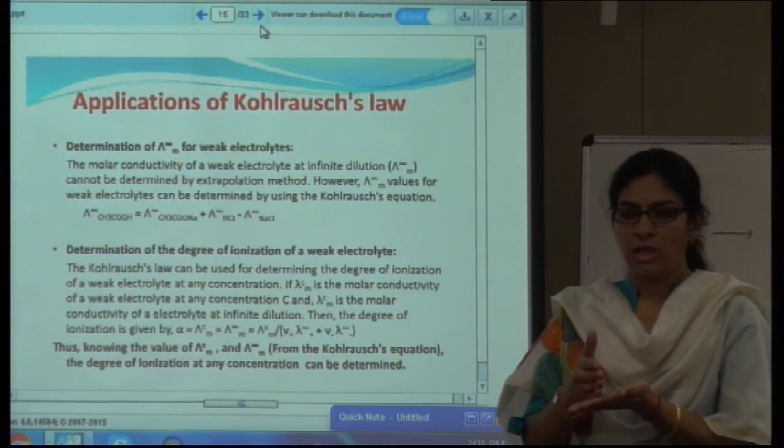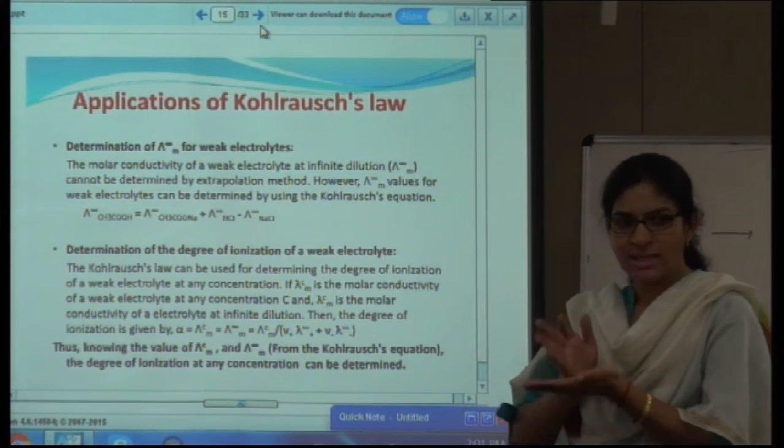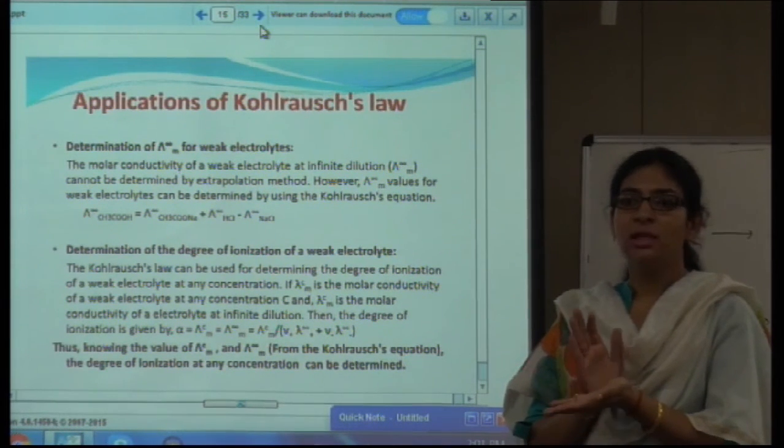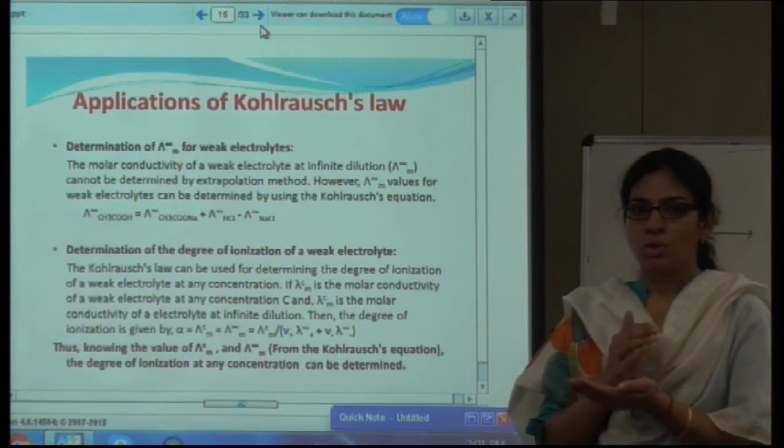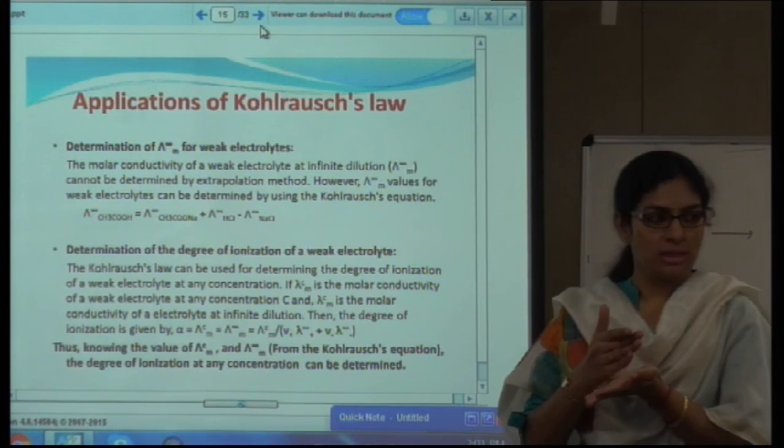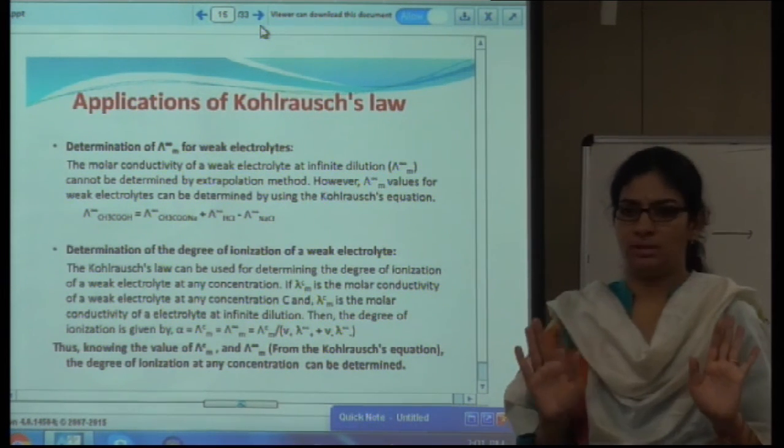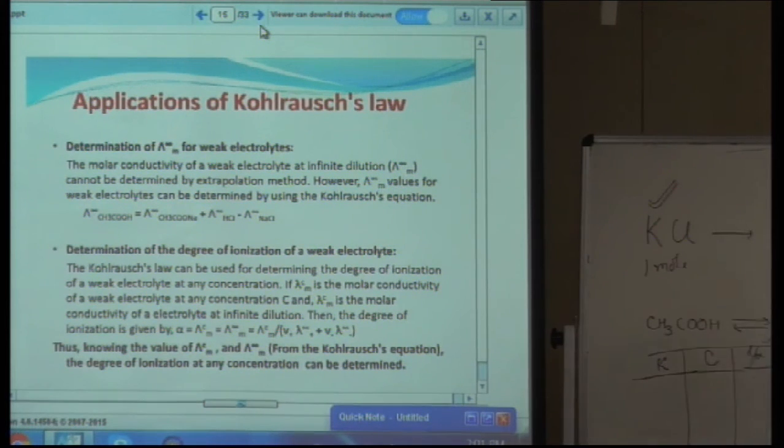That at any concentration it should be lesser than the infinity value, right? So the ratio is always going to be less than 1. The correct expression is alpha equals lambda mc divided by lambda m infinity.